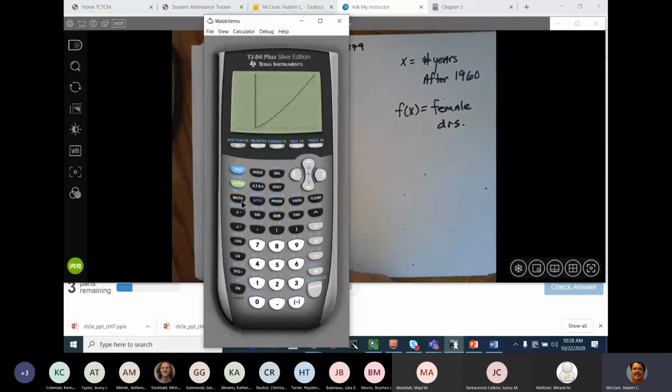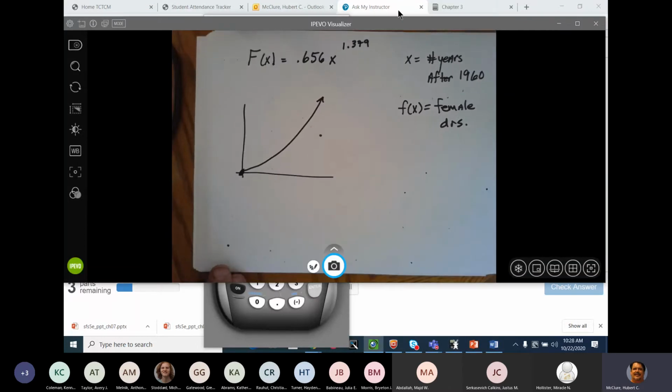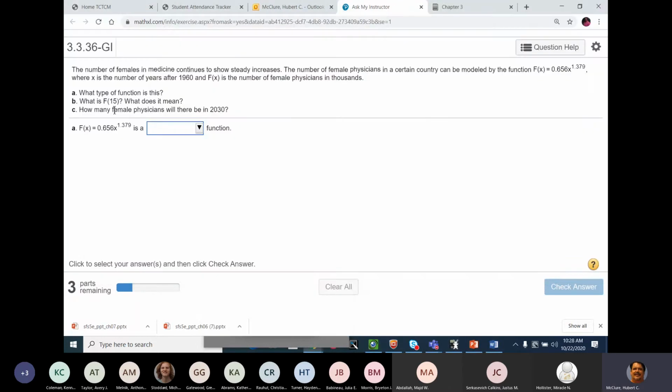And when you plug in 0, you're going to get 0. So it should be at the origin. Let's see what the question's asking. What type of function is this? It's a power function.